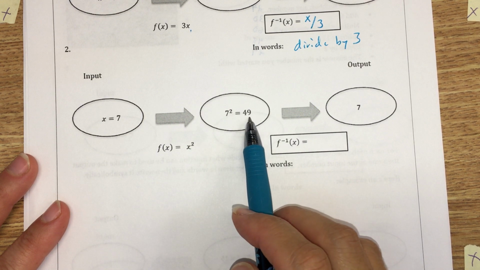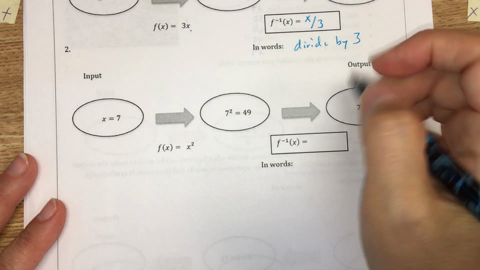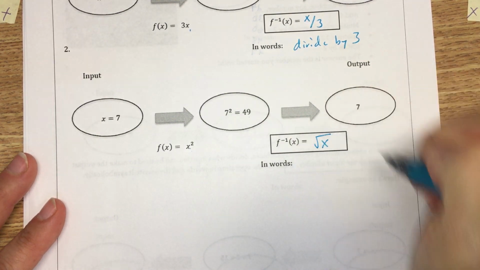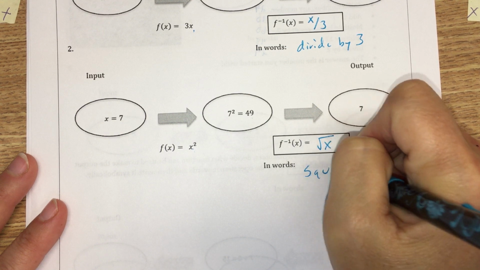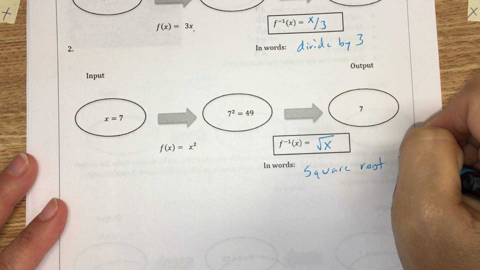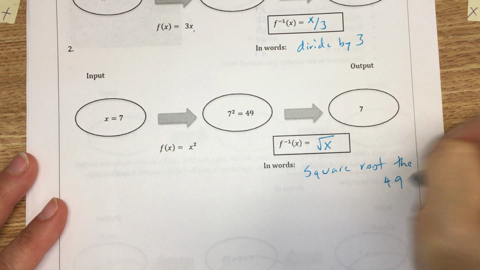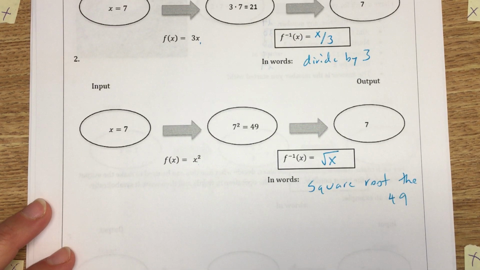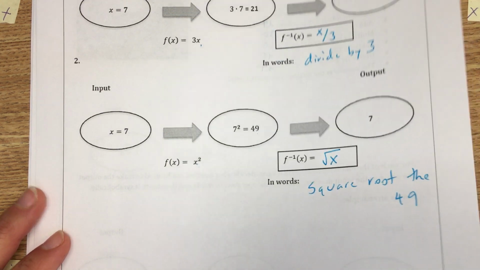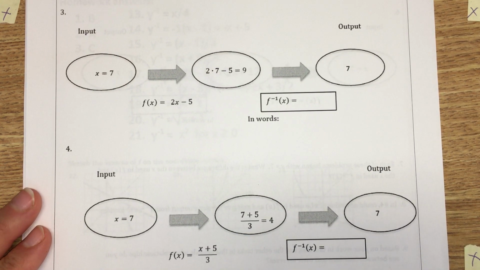Okay, so what's the opposite of squaring? What undoes a square? A square root. So square root the 49. They are inverse functions, squaring and square rooting, multiplying and dividing.